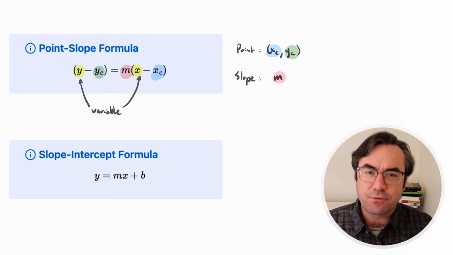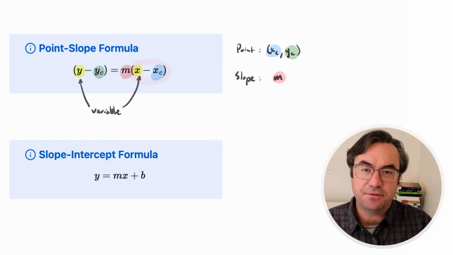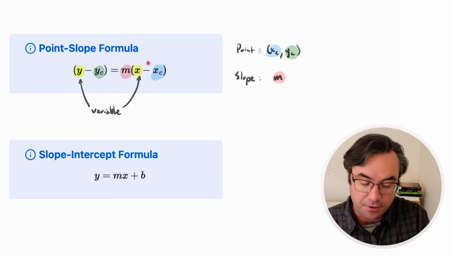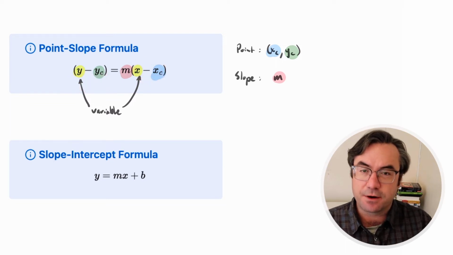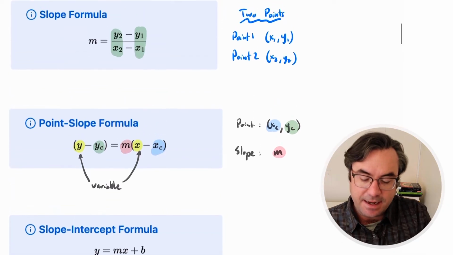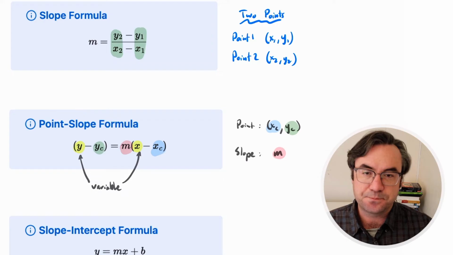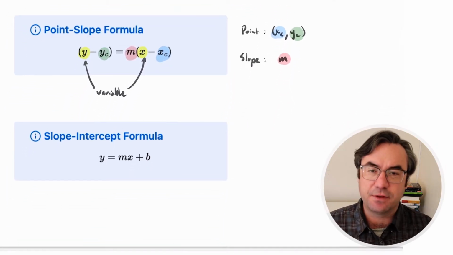A way to remember this formula is to divide both sides of the equation by the x stuff. You would have y minus the y-coordinate over x minus the x-coordinate, and that looks like our slope. So this is one way to get the equation of a line.